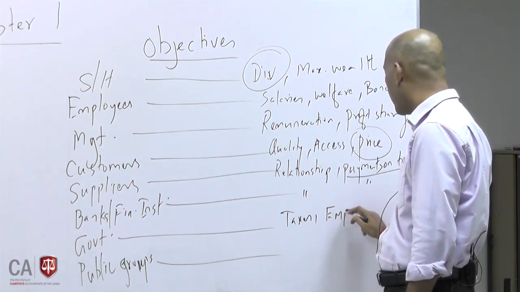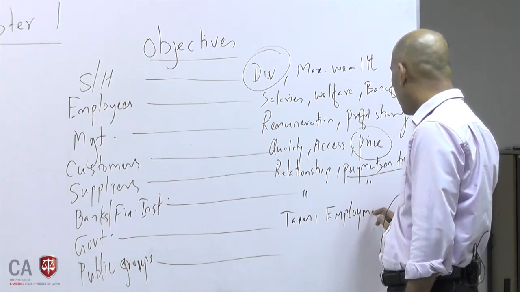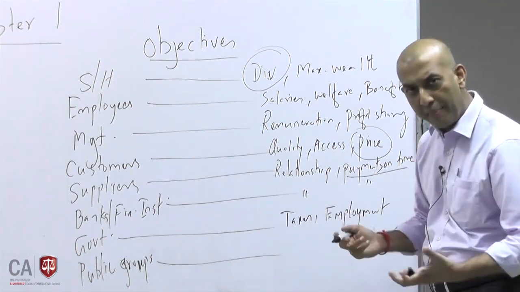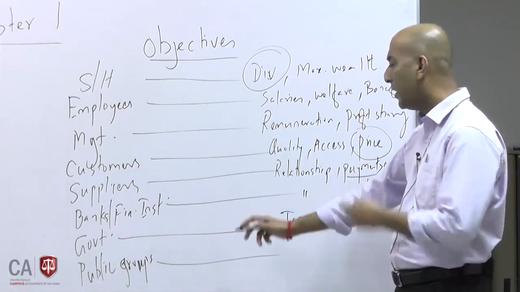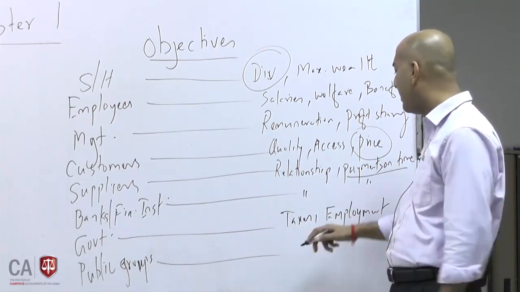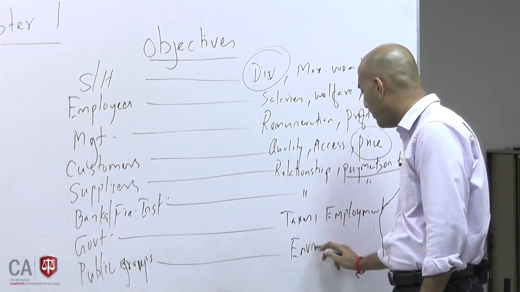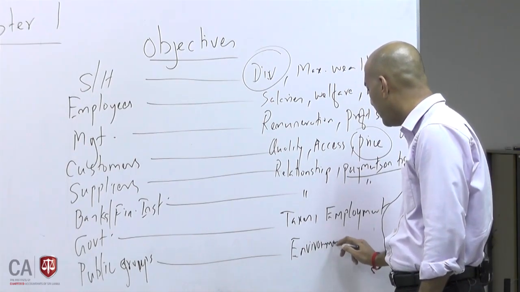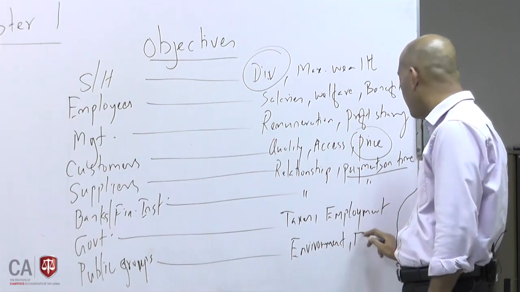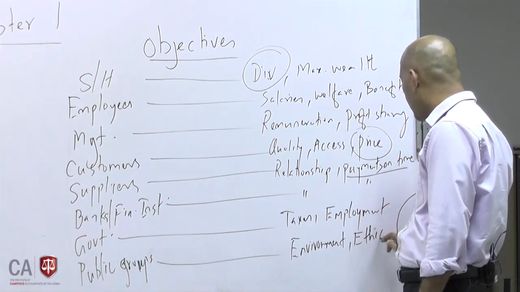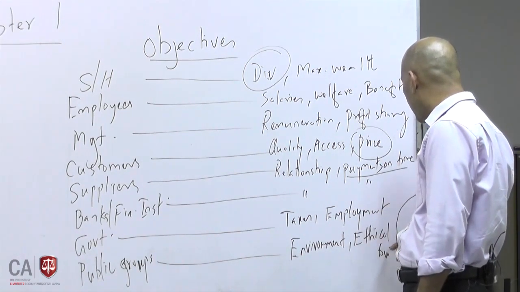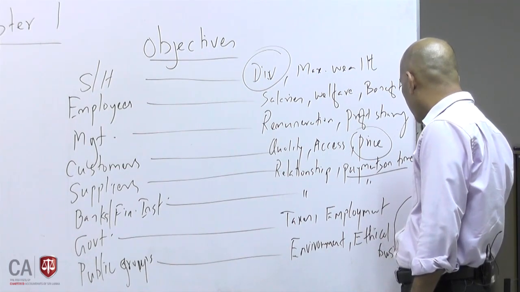Government's objective from the company is employment to be provided by the company and taxes to be paid. Public groups are mainly interested in environmental matters and more ethical businesses. These are their expectations from the company.